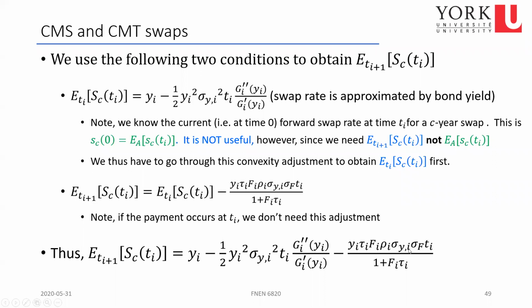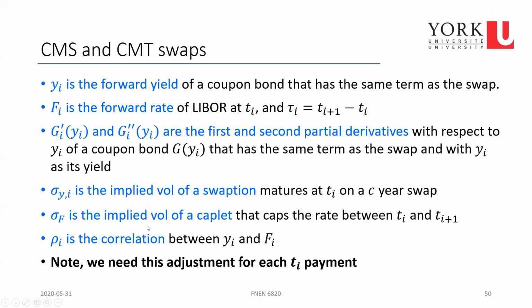So sigma yi and sigma f. And rho is a correlation between these two that allows you to do the timing adjustment. Okay, so you actually need to do this adjustment for each of the payments.